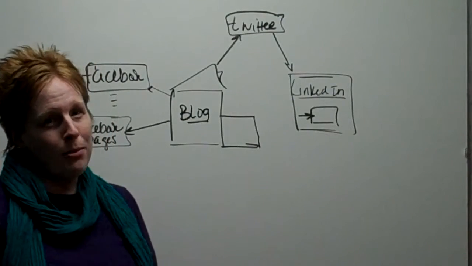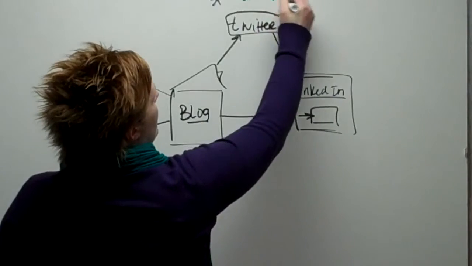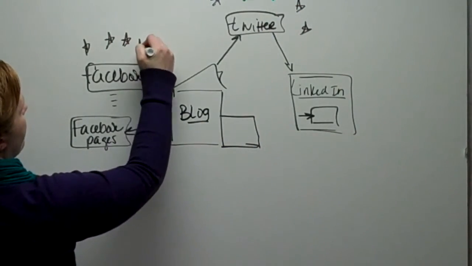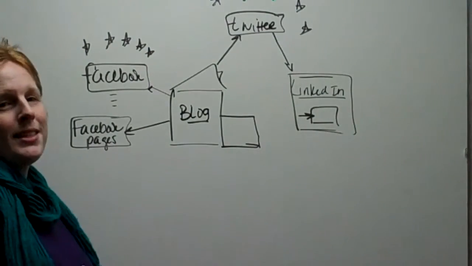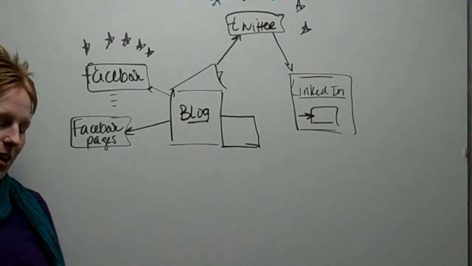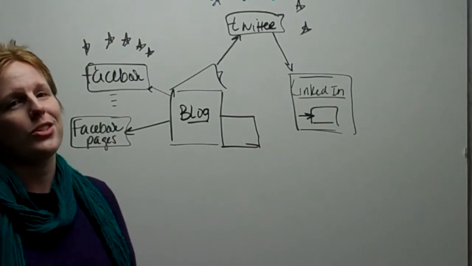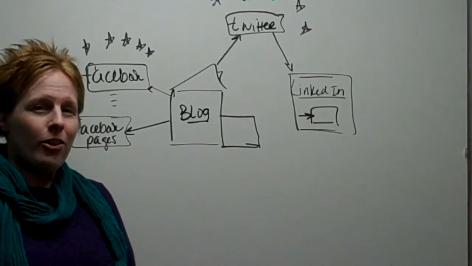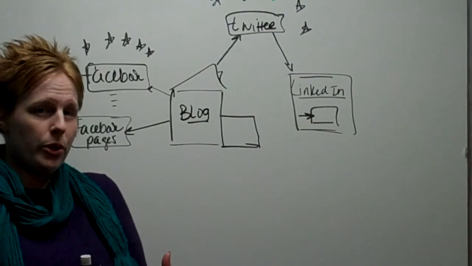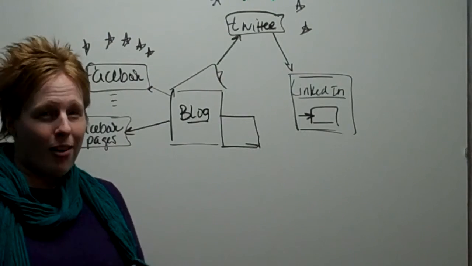What happens when you have a team of people and you have 5 people with Twitter accounts and you have 5 people with Facebook accounts? From the same one blog post, you can actually automate to all of these different accounts. So you can have your information pinging out exponentially to a lot of different sources. So this is an incredible time saver, it's a great tool, and it's a great way for us to push content out into the world and position it well so that people can become involved with our conversation.